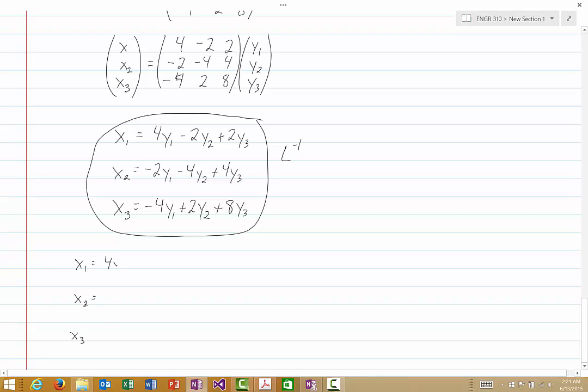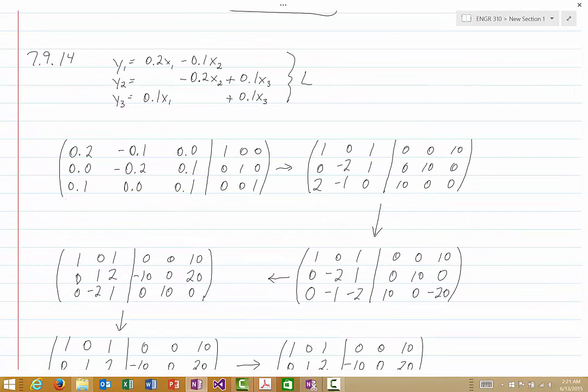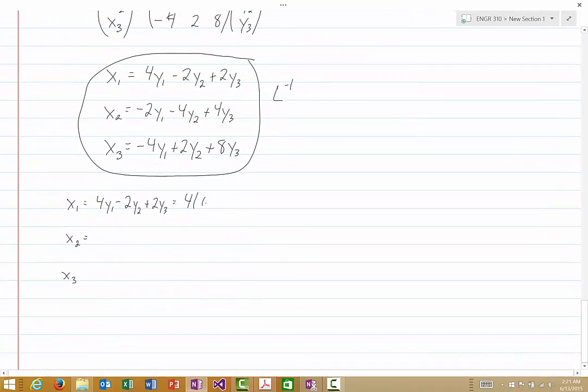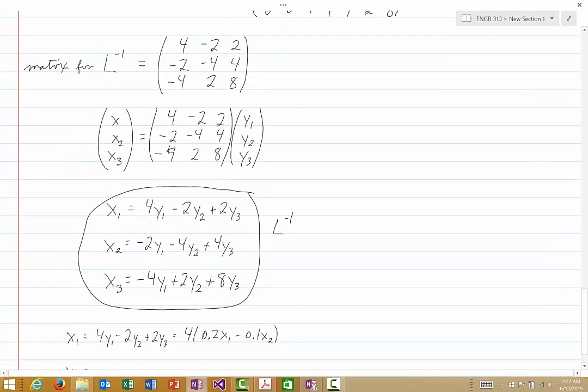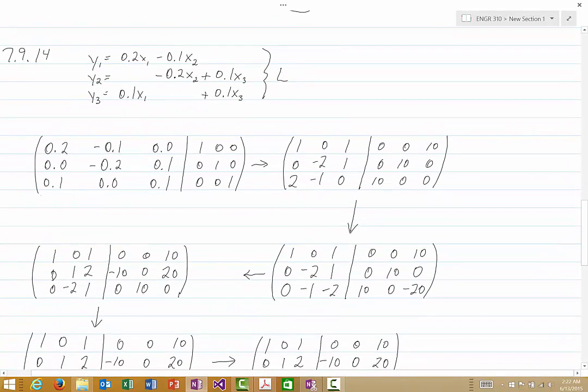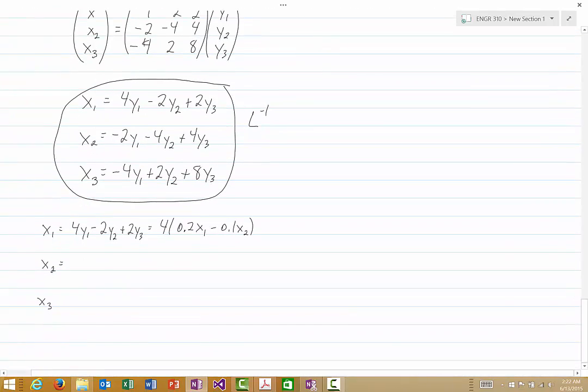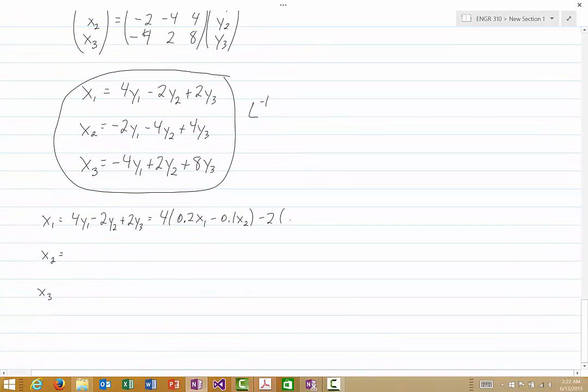Okay, we have 4y1 minus 2y2 plus 2y3. And that would be 4 times, now up above, we have that y1 is 0.2x1 minus 0.1x2. y2 is minus 0.2x2 plus 0.1x3.